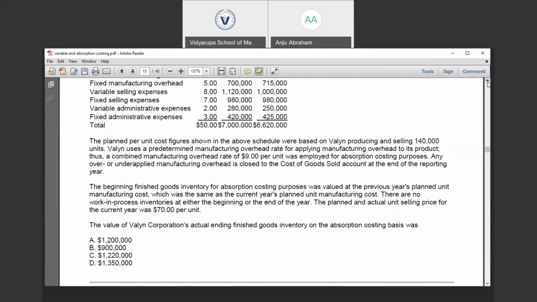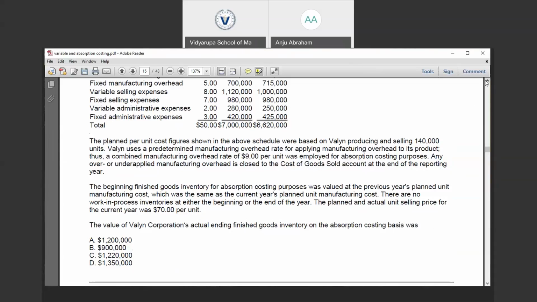So this is the same question that we discussed earlier of Value Corporation. The question is different: the value of Value Corporation's actual ending finished goods inventory on the absorption costing basis. So if absorption costing is used, the ending inventory value equals direct material, direct labor, variable manufacturing overhead, and fixed manufacturing overhead too.